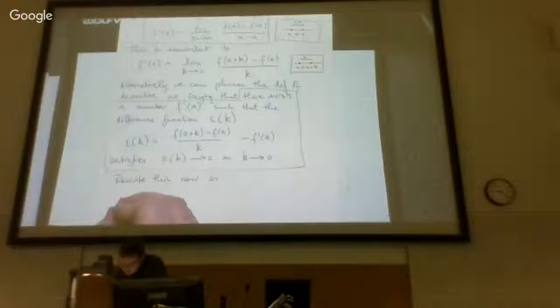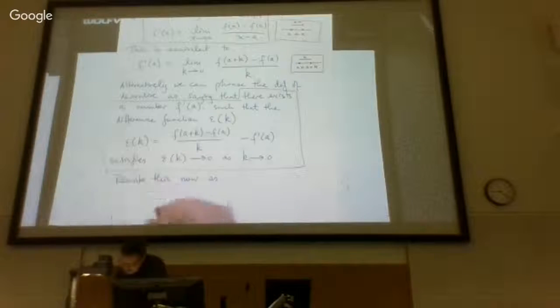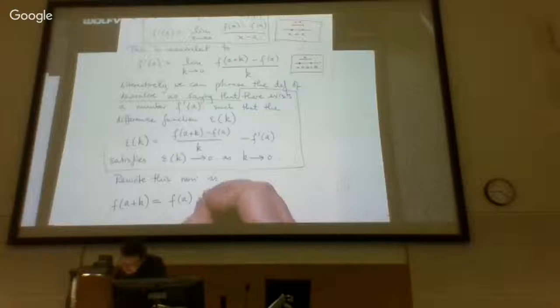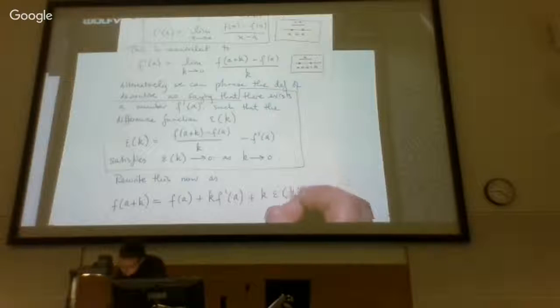We're going to multiply both sides by k, and then move everything else over to the other side. We're going to say f of a plus k is equal to f of a plus k times f prime of a plus k times epsilon.